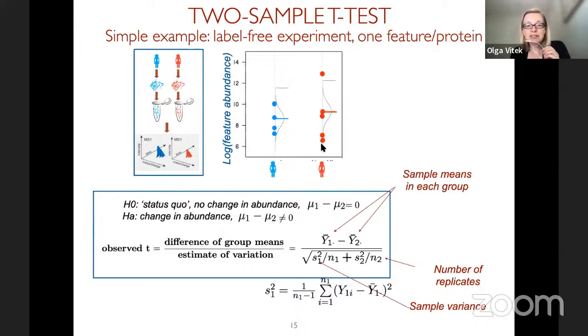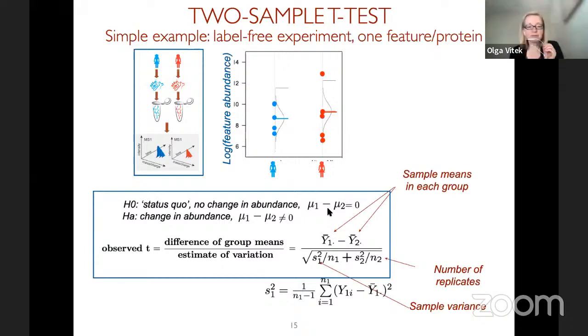This is what statistical inference actually means: take what we observe, summarize it, and make statements about what we cannot observe. What we observe is a few replicates from each condition. What we do not observe is what happens in the entire population. But let's try to make some statements.